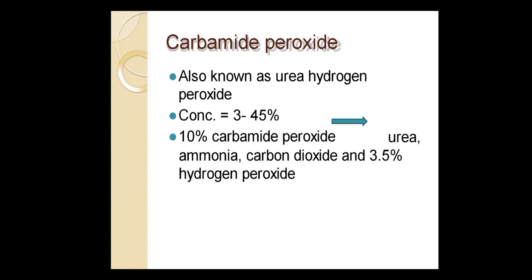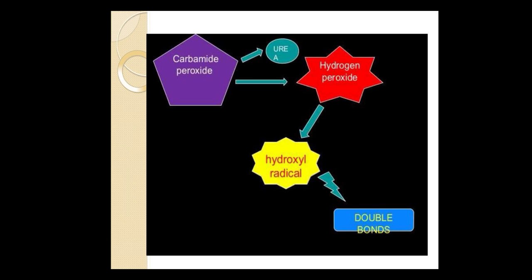And urea and ammonia help in making the solution alkaline, in order to increase its efficiency. This diagram shows the decomposition of carbamide peroxide into hydrogen peroxide, and later on hydrogen peroxide releases hydroxyl ion. The basic mechanism of any bleaching agent is that it converts a pigment compound which has a double bond into a single bond, so basically it is changing its optical properties by doing this.